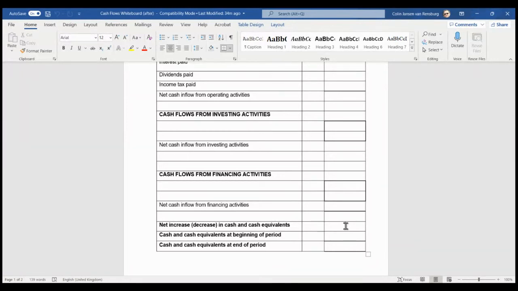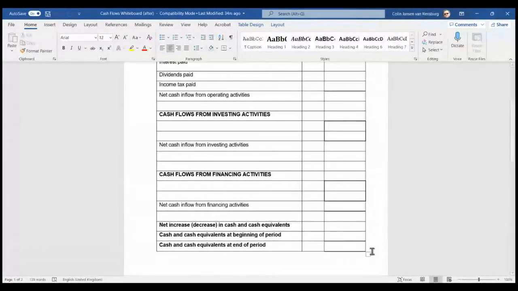So that is basically a free mark in a test situation. It's very easy to get that figure, because it comes straight from your trial balance even, right? Or your statement of financial position. It'll just simply be the sum total of all accounts and all cash that make up your cash and cash equivalents at the beginning of the year.